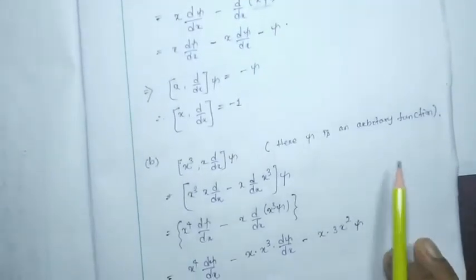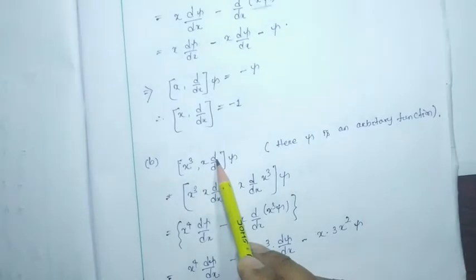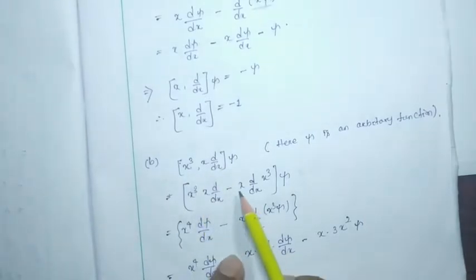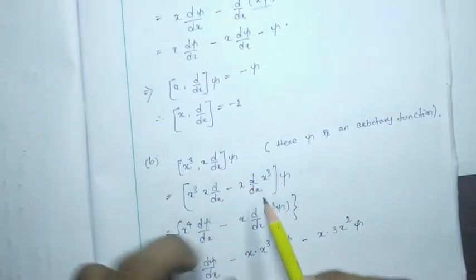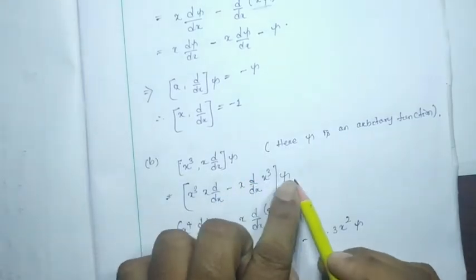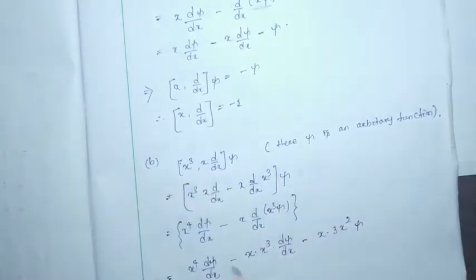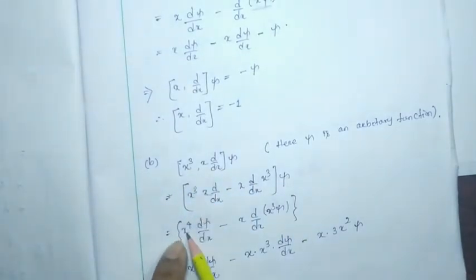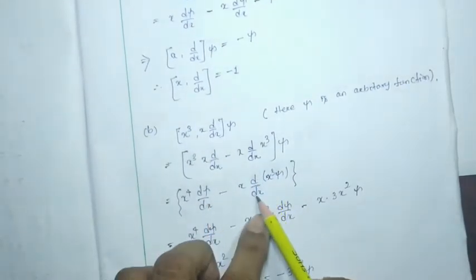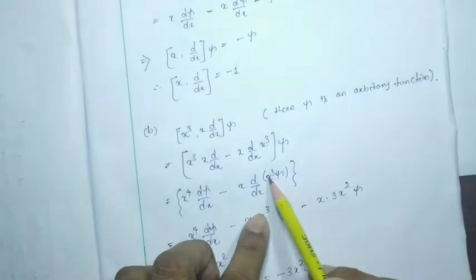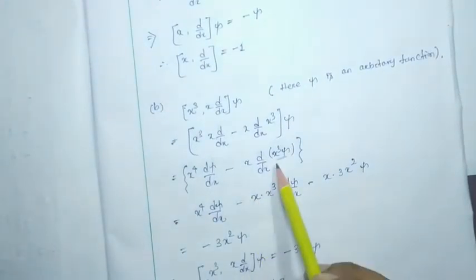Considering an arbitrary function psi, it will be x^3 d/dx minus d/dx of x^3, and this whole will be operated over psi. So it will be x^3 x d psi/dx minus d/dx of x^3 psi. Here we use the differentiation product rule.